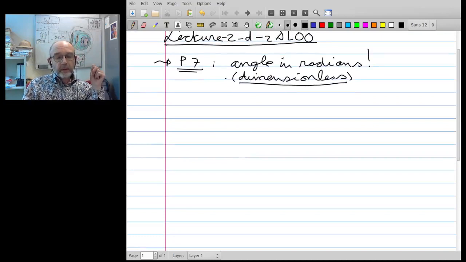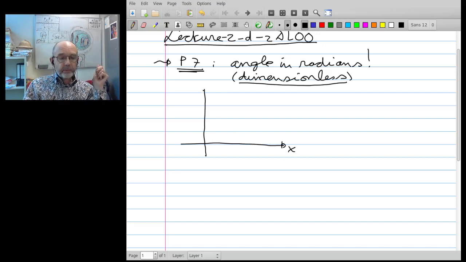And how do you do it in radians? Why are they dimensionless? Now if you have the xy plane 0 and you have some circle with some radius r, then you have here that circle.